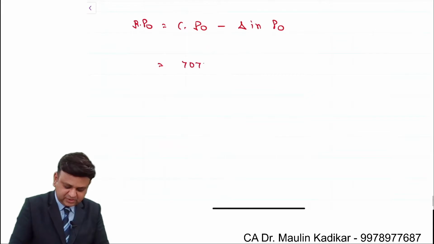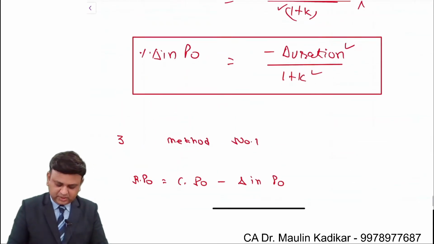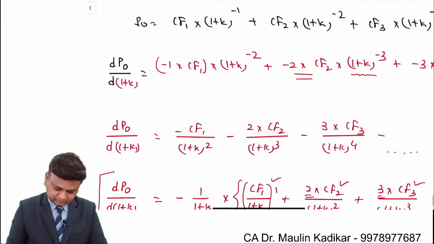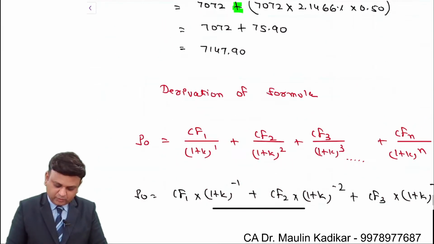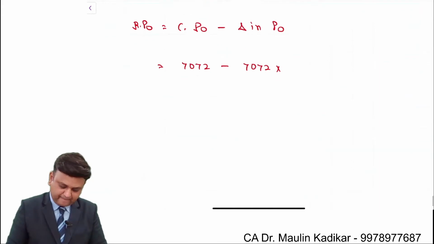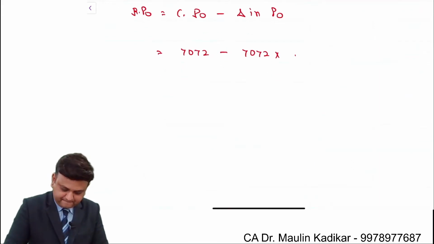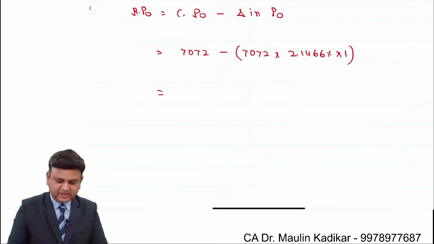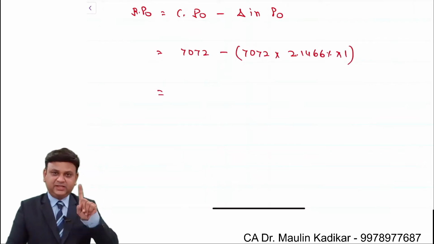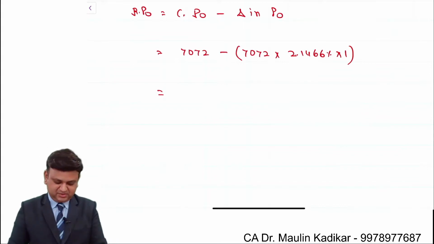Current P0 is 7072 minus 7072 into 2.1466 into 1, because the required rate of return increases by 1%.